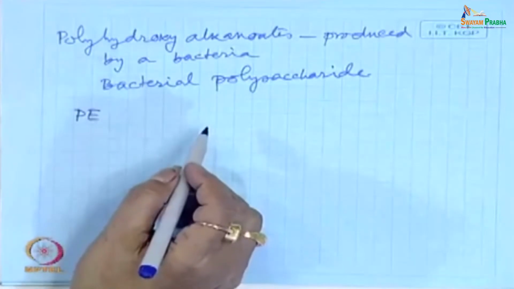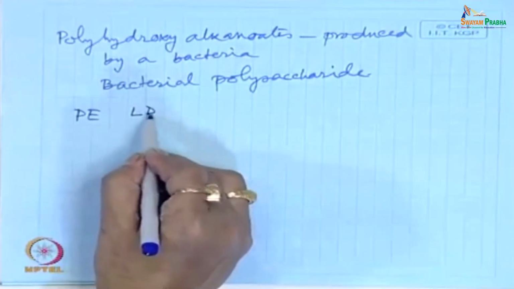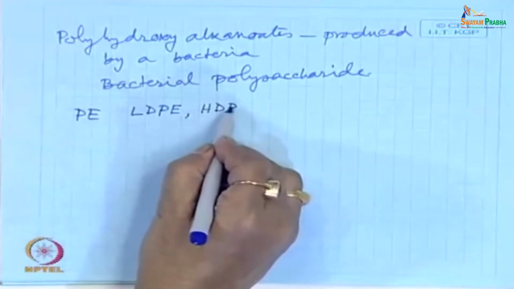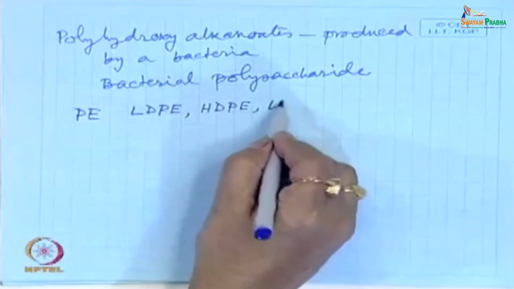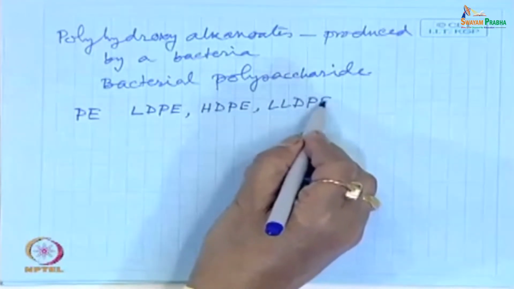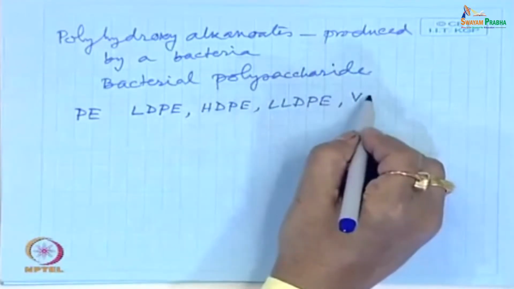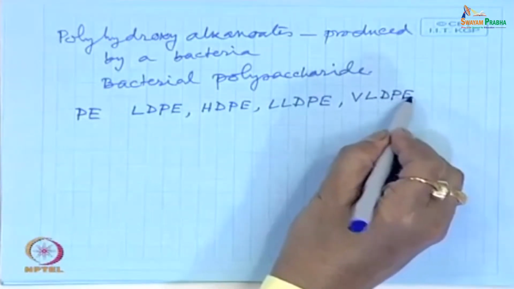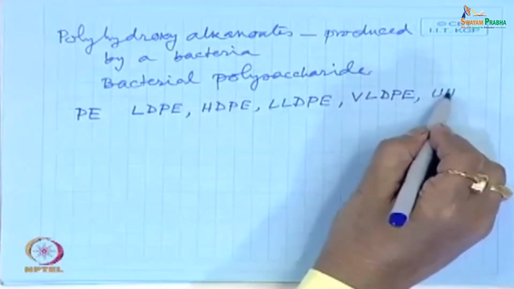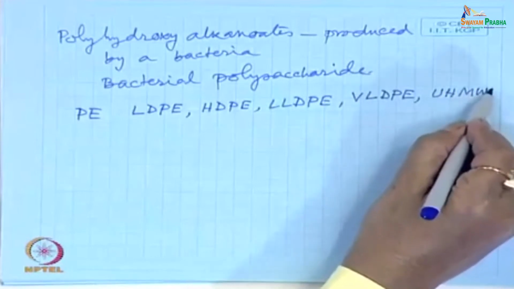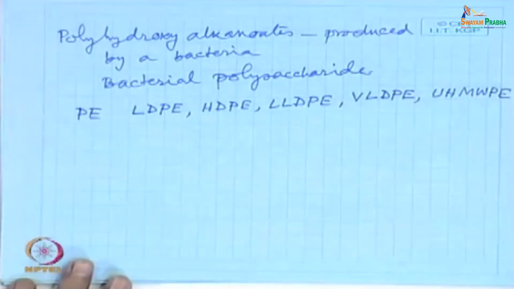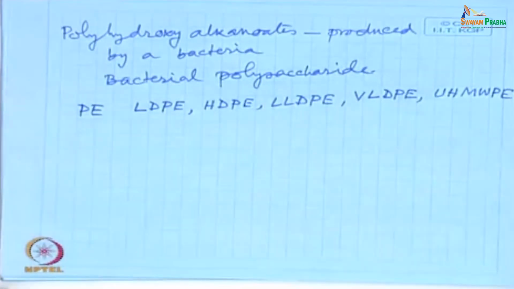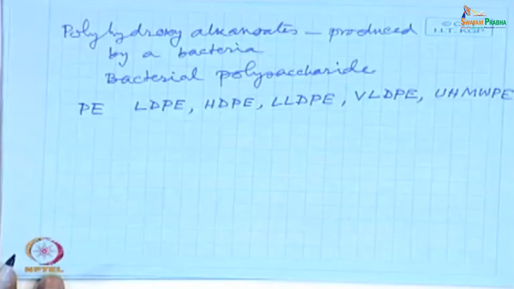There are various grades of polyethylene: low density polyethylene, high density polyethylene, linear low density polyethylene, very low density polyethylene, and ultra high molecular weight polyethylene. You see, a large number of grades are possible from polyethylene.